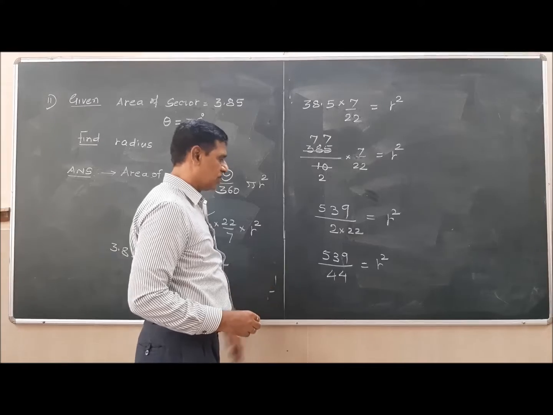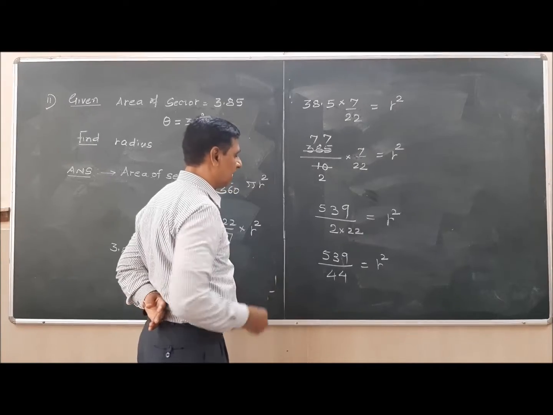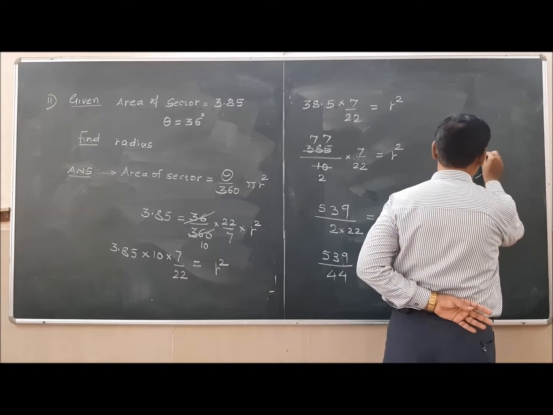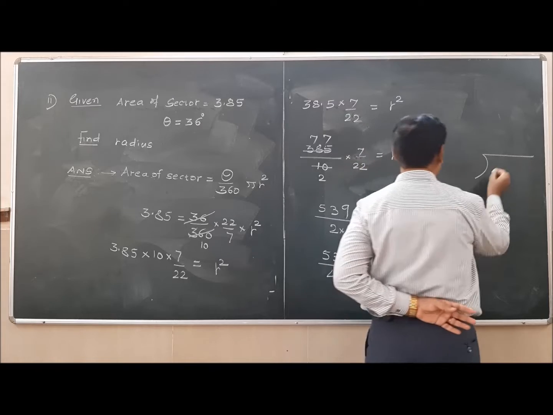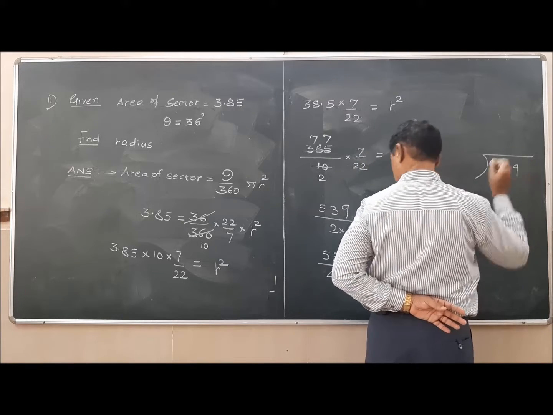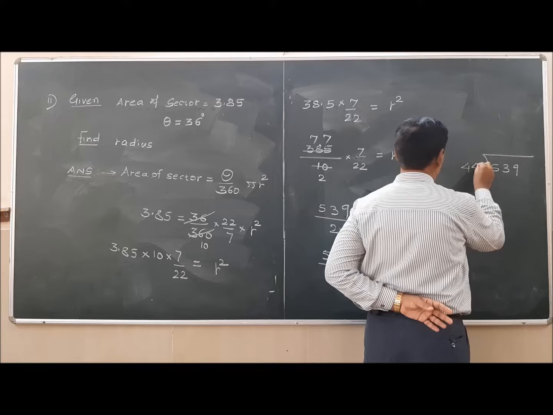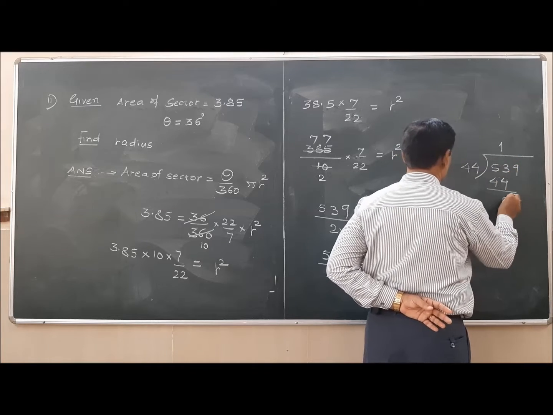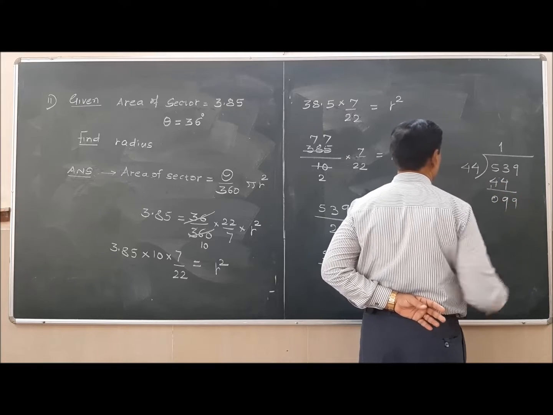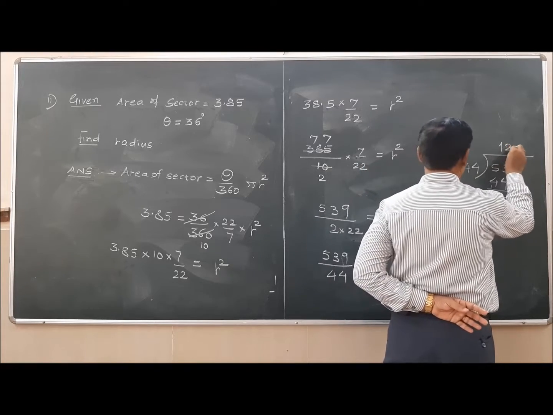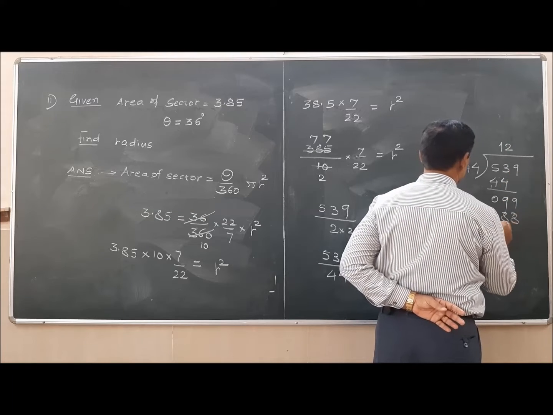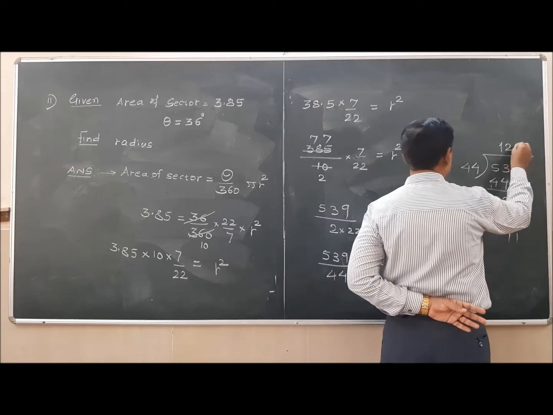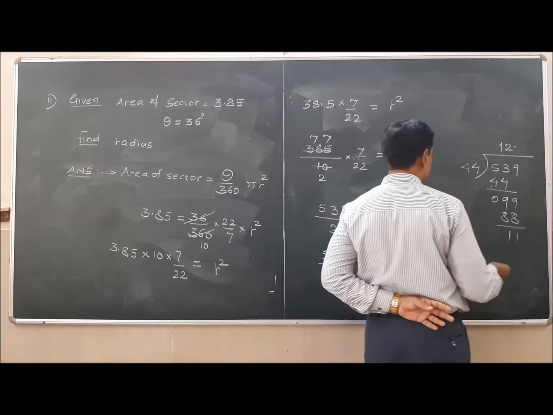So it is not so simple, we will find. 539 upon 44, we have to divide it. Now, let's divide 539 by 44. 44 ones are 44. 44 twos are 88. Then since this number is smaller, I'll place a point over here and place 0.